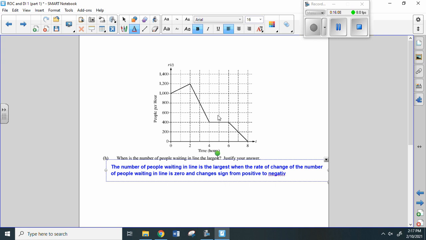So I'm making that relationship between a relative max on a function based on its derivative.